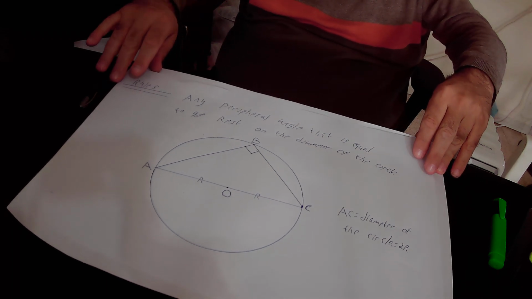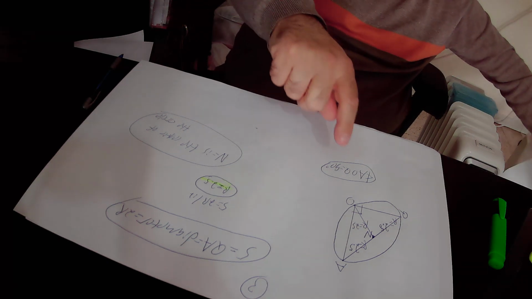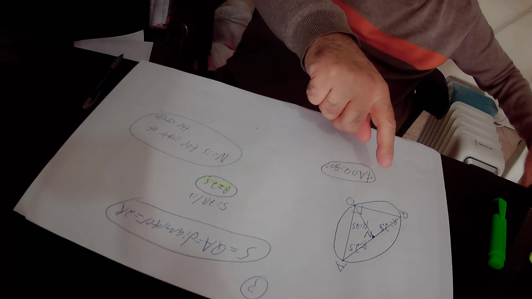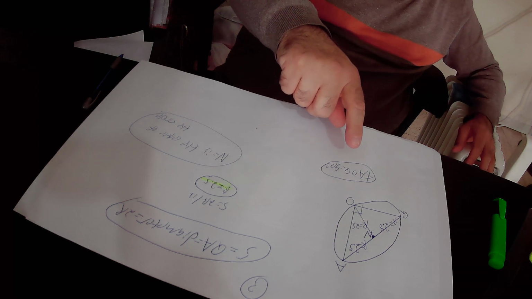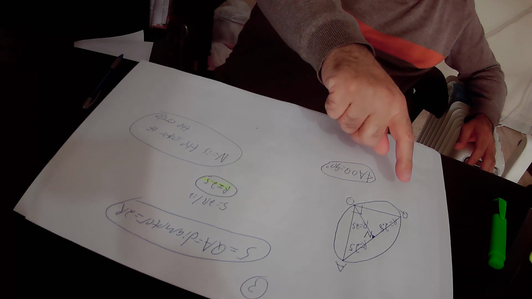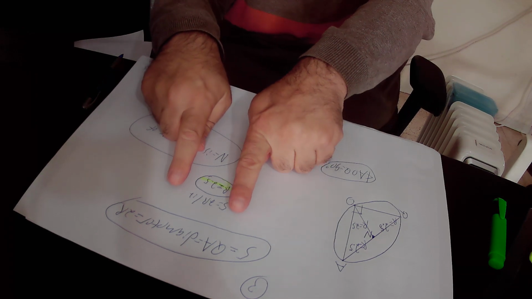So we can apply rule number 5 in our drawing. Because this peripheral angle AOQ equals 90 degrees, it must rest on the diameter of the circle. That is to say, QA is the diameter of the circle.